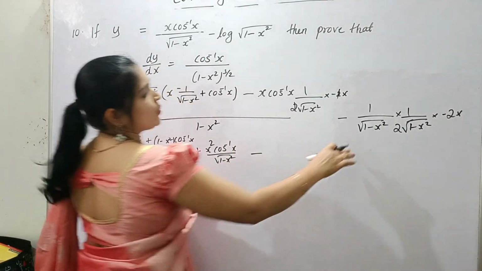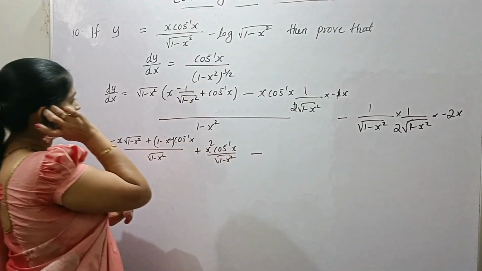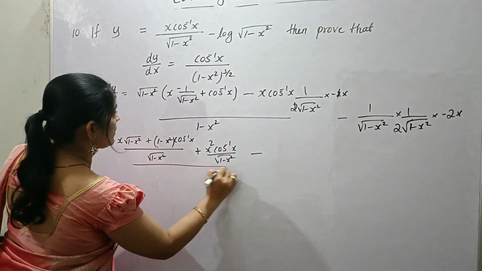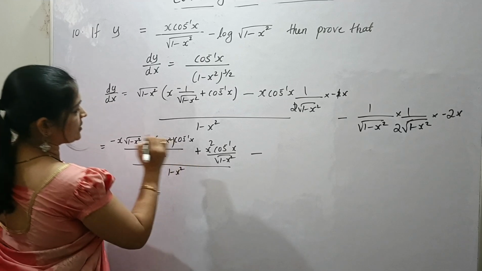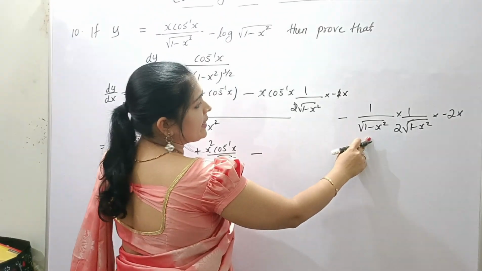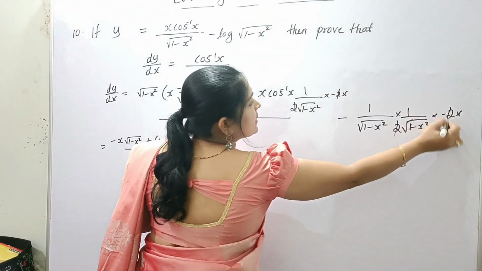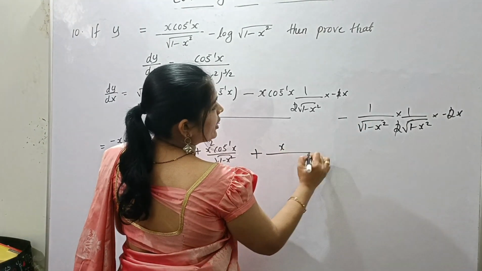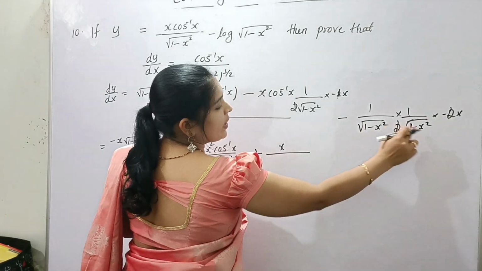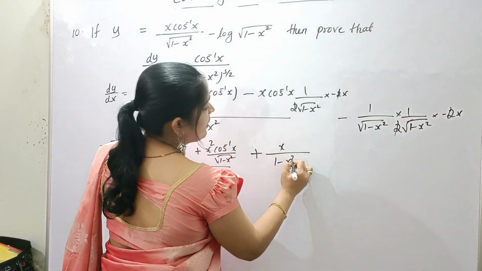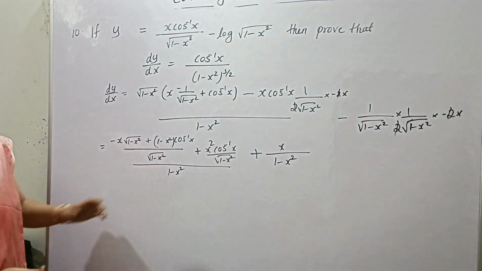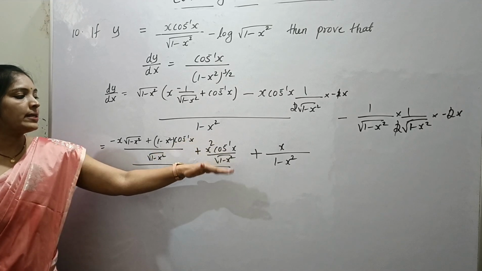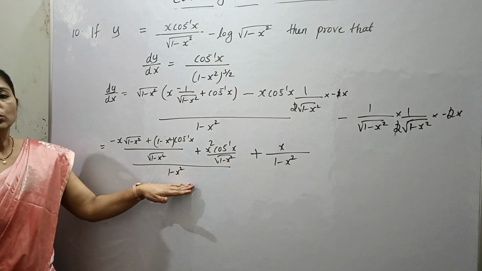Minus, so this one, here whole divided by 1 minus x square is here. Then 2 cancelled, minus minus become plus. So x divided by root 1 minus x square into root 1 minus x square is 1 minus x square. So here denominators are same, right? So let's take this denominator to this denominator.